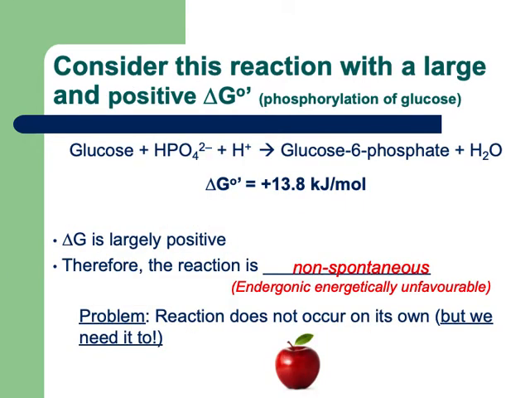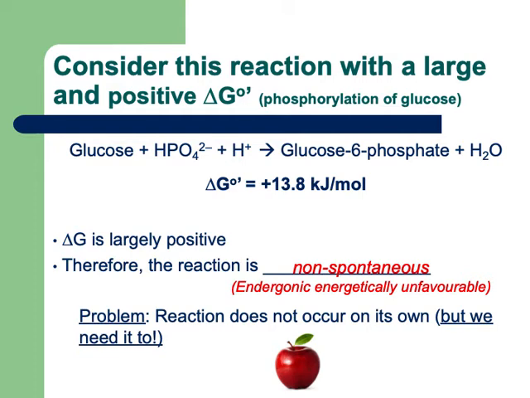So now I want to talk to you about that first reaction of glucose oxidation, where we have glucose within the cell and we need to trap it in the cell by making it a bigger molecule. So we go from glucose to glucose 6-phosphate. Well, initially, if we look at this chemical equation up above, glucose plus an inorganic phosphate plus a hydrogen ion leads to glucose 6-phosphate plus water.